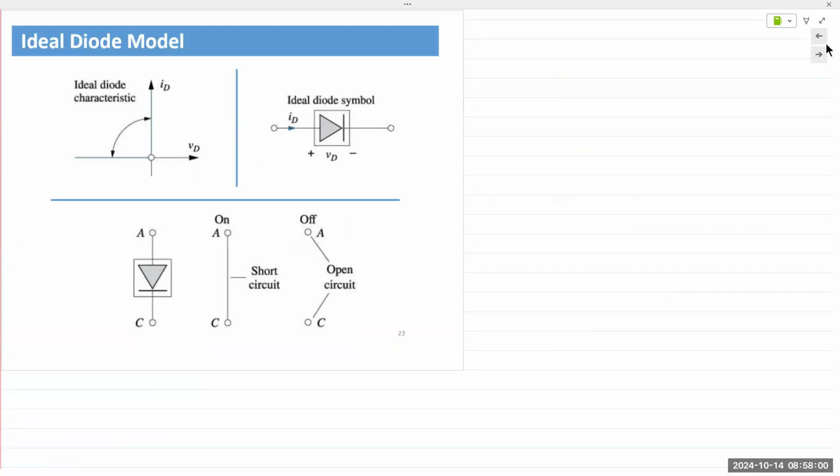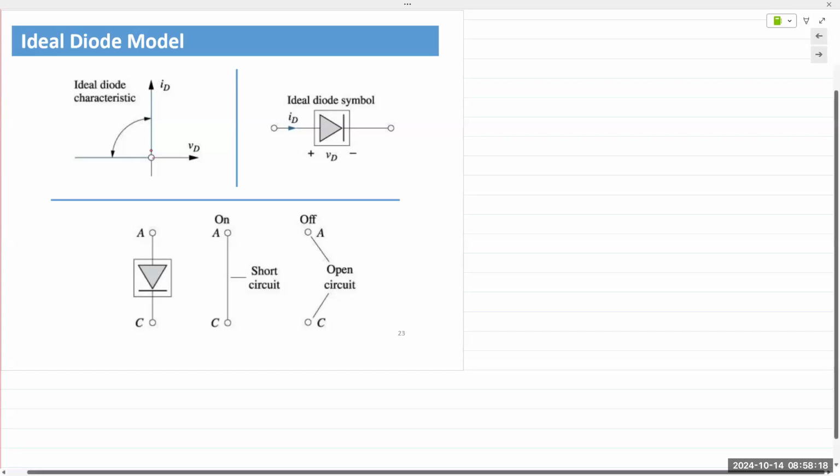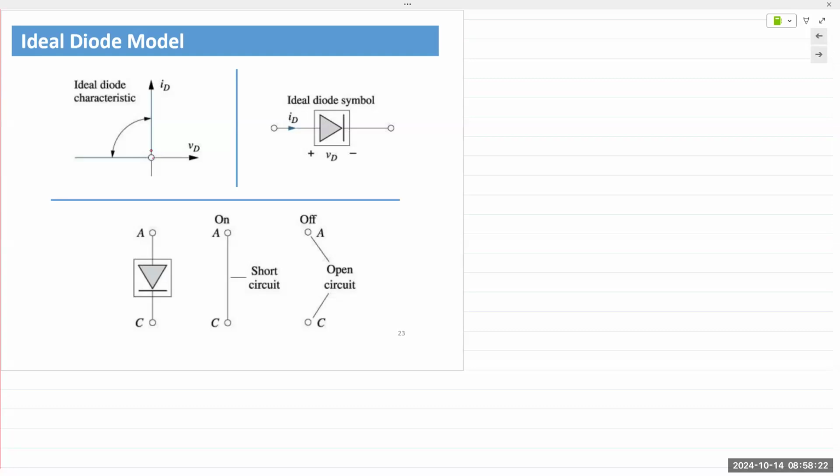In an ideal diode model, the word ideal itself indicates that a diode would not need a voltage to overcome the built-in potential. Meaning, if the voltage is slightly greater than 0, then the diode is on. If the voltage is less than 0, the diode is off.